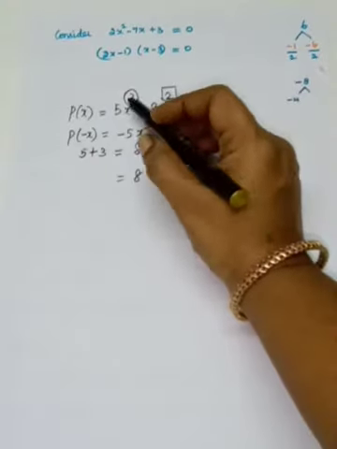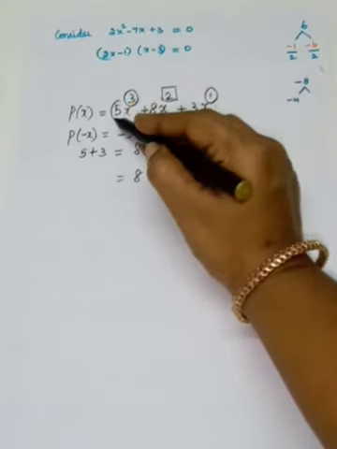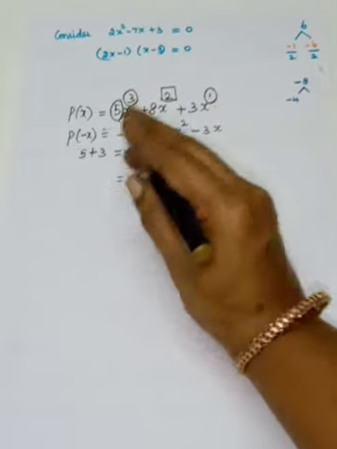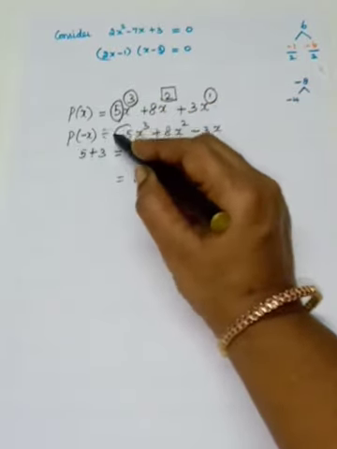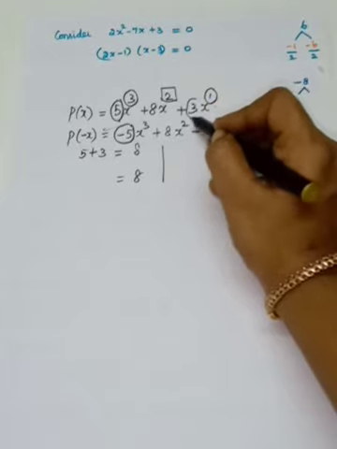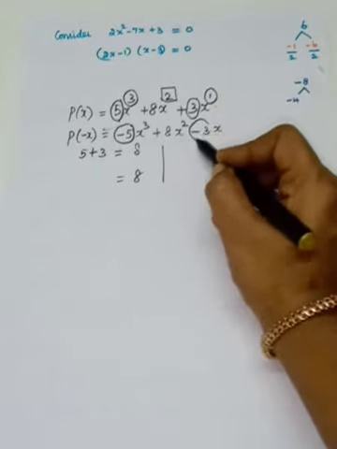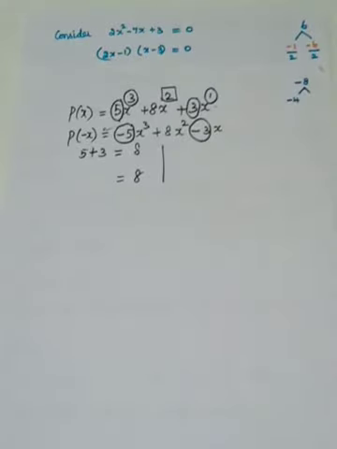See, the odd power coefficient 5 in p of x, in p of minus x what has to come? It is minus 5. Okay. In the same way, the coefficient 3 in p of x becomes minus 3 in p of minus x. But for the even power there is no change.